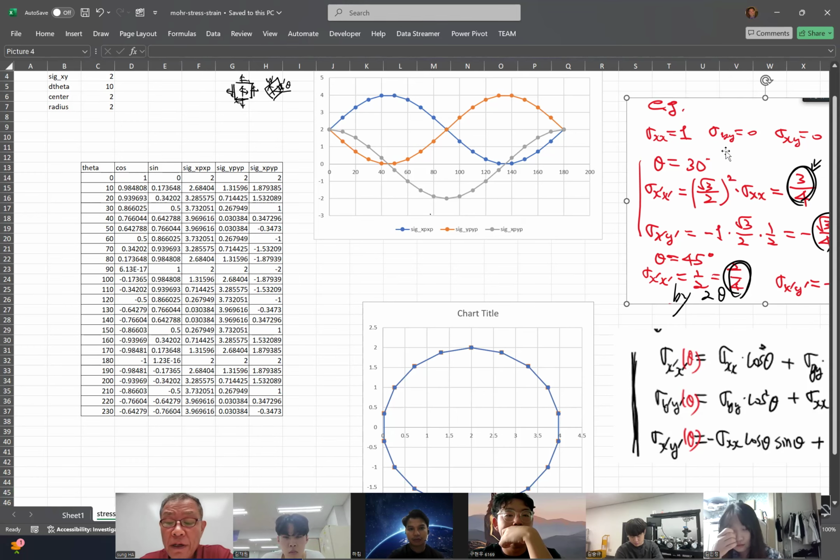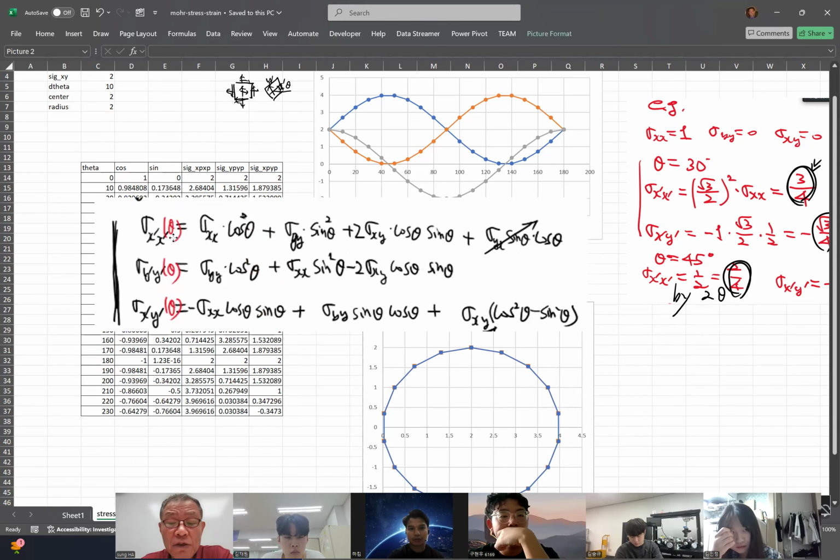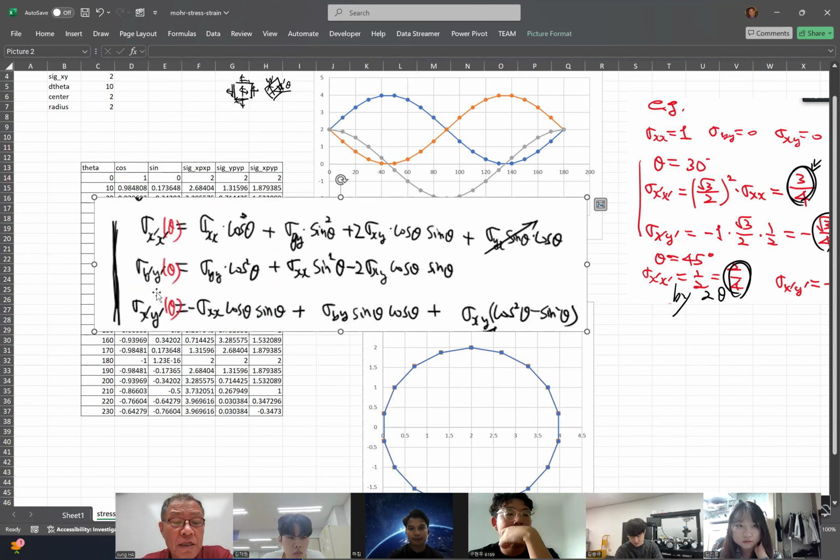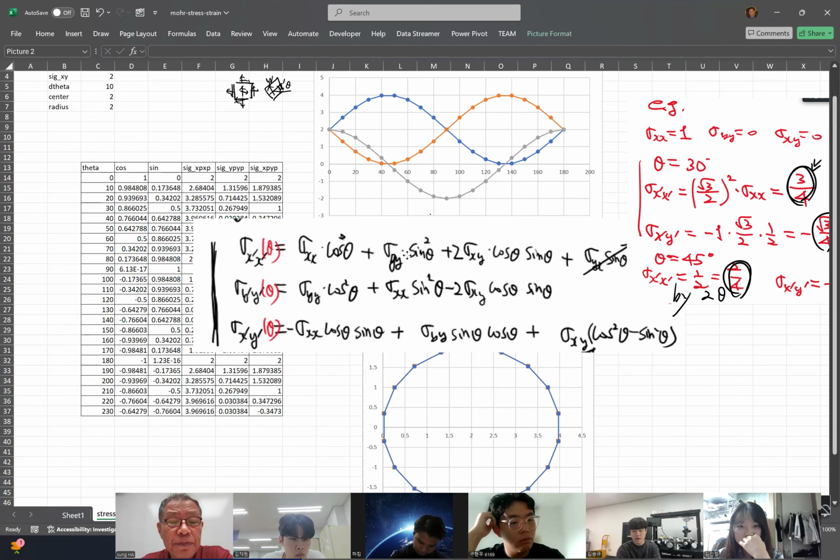So we learned all the transformations, how we transform the stresses in terms of the original stress components and also as a function of sinusoidal functions, cosine and sine. And notice that there's always cosine square, sine square, and then cosine sine, always two terms.